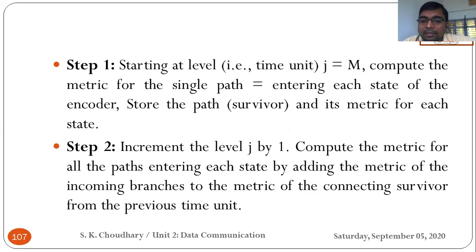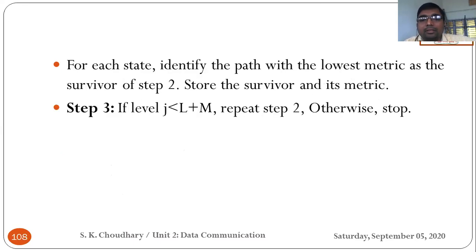Second, increment the level J by 1 for every time instant and compute the metric for all paths entering each state by adding the metric of the incoming branches to the metric of the connecting survivor from the previous time unit. For each state, identify the path with the lowest metric as the survivor of step 2 and store the survivor and its metric.